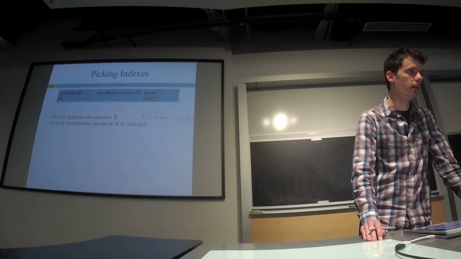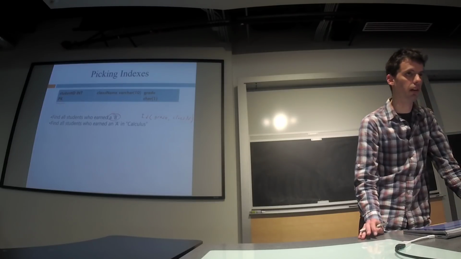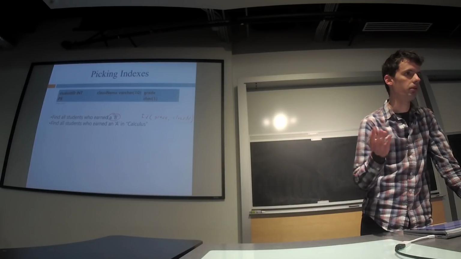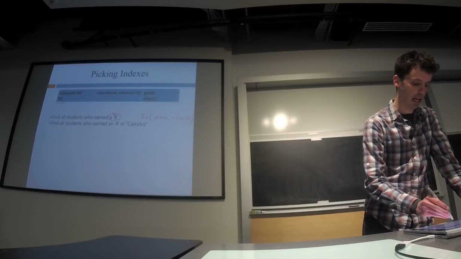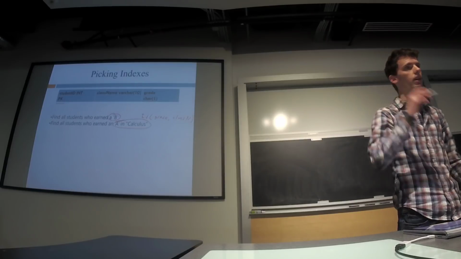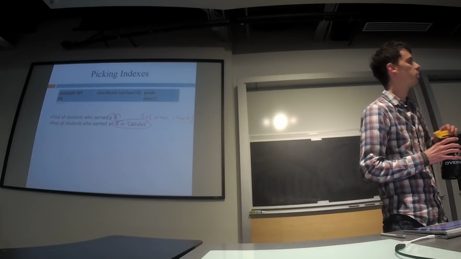If we put grade first, then it automatically supports searching just by grade. And if we put class name second, it doesn't matter what the order is, it supports the AND query. Okay? So that's the minimal set of indexes that will speed up these queries.